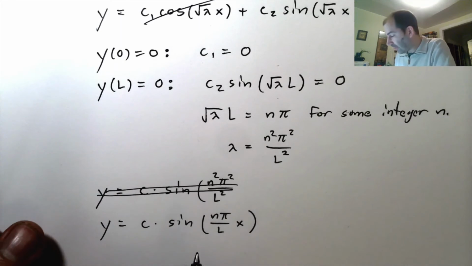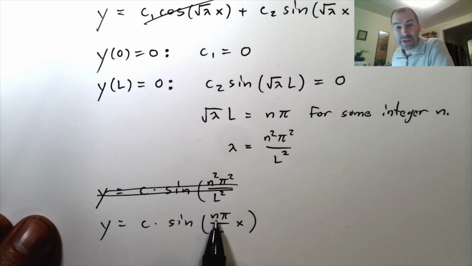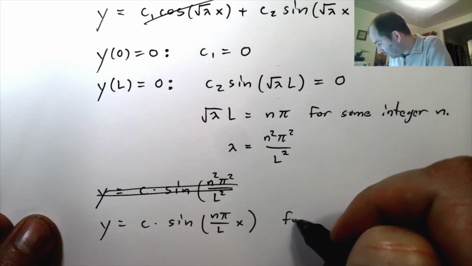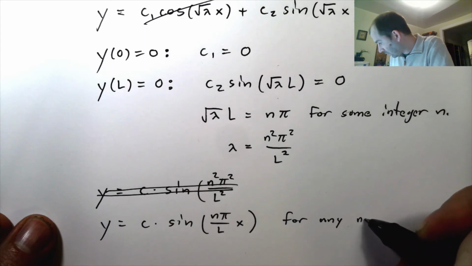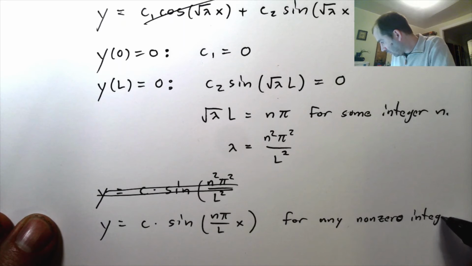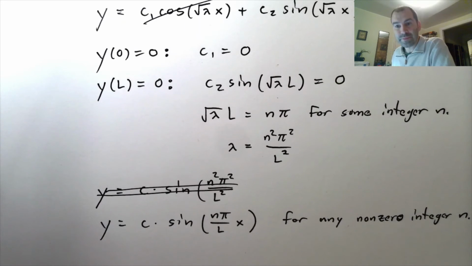Now notice there are lots of different possibilities. We get a different possibility for every integer n. When n is 0, it doesn't count because it's the trivial solution, but we get a solution for every non-zero integer n. Okay.